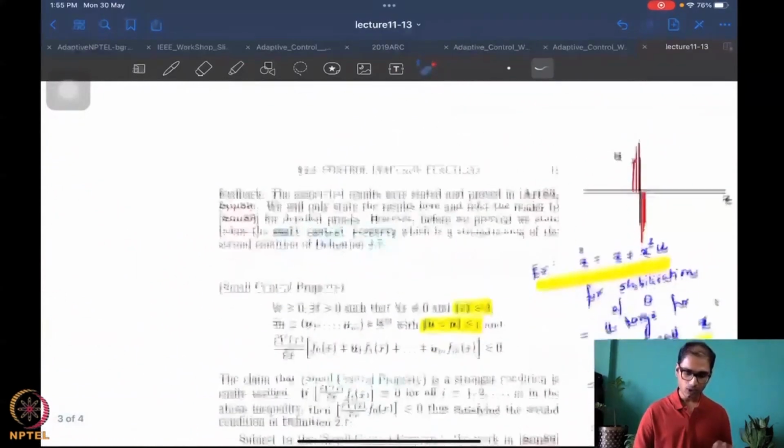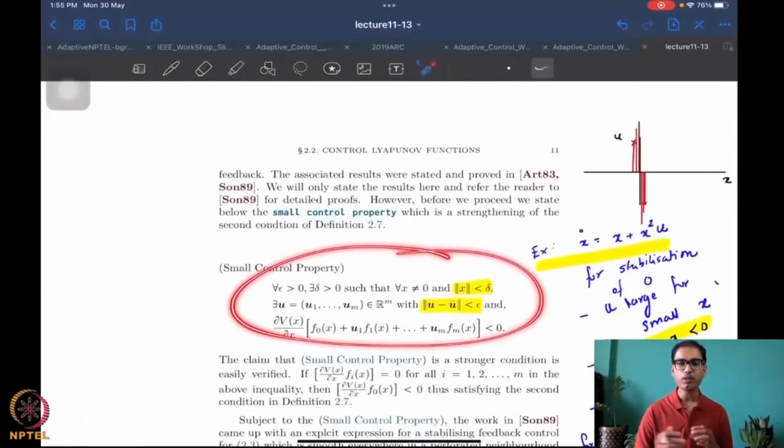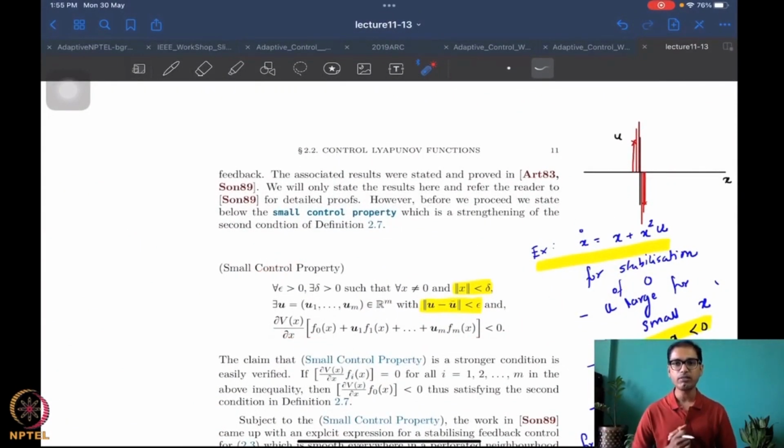Then there is also the small control property, which is a critical property for continuity of the control near the equilibrium, or the origin in this case. Being able to choose a V and compute a stabilizing control from it means that this V was a control Lyapunov function. So that's the converse implication.